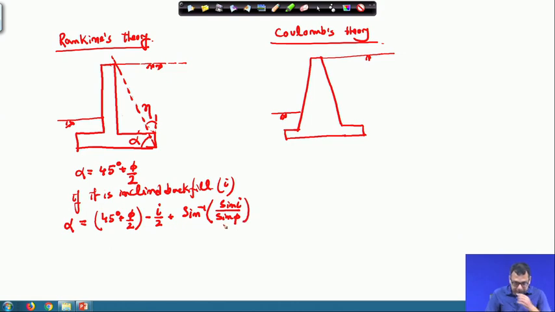Okay. So, similarly, here eta will be 90 minus 45 degree minus phi by 2. This will be 45 degree minus phi by 2.